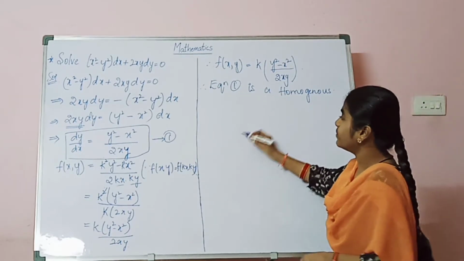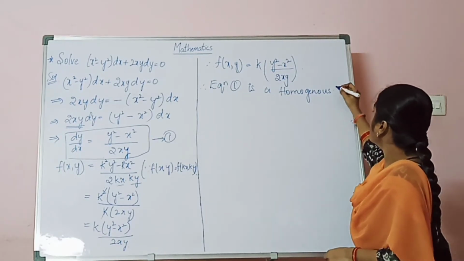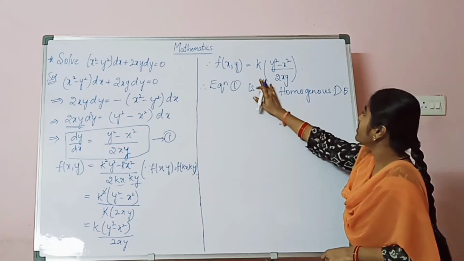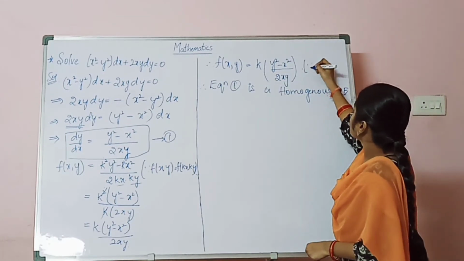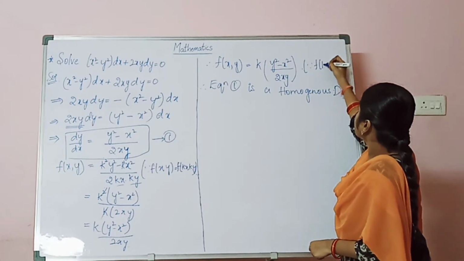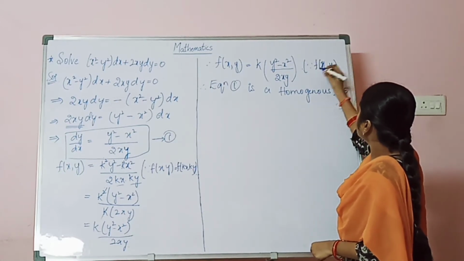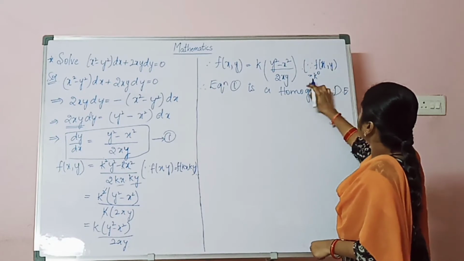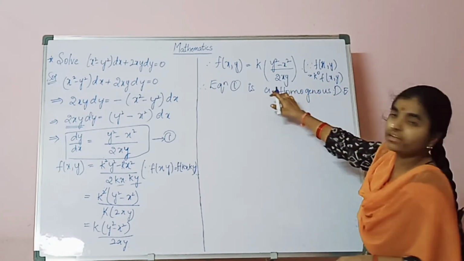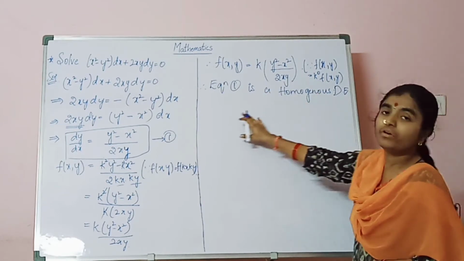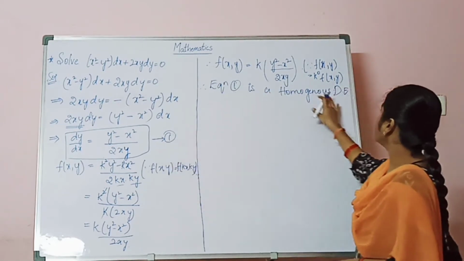Therefore, what is equation 1? Equation 1 is a homogeneous differential equation, since f of x comma y equals k naught into f of x comma y. So it is satisfying the homogeneous condition. So equation 1 is a homogeneous differential equation.